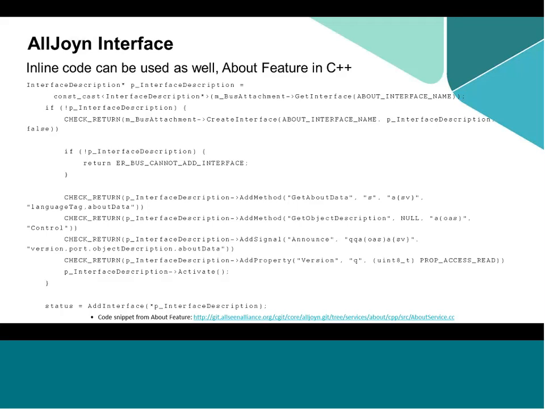And then we have our optional data, that about data, which is our strings of variants, which contains the make, the model, the manufacturer, the app ID, which is unique, and some other values that are defined in the about feature specification document.